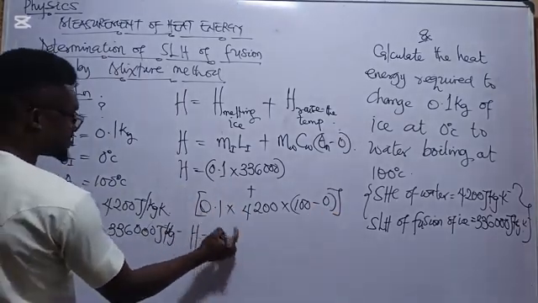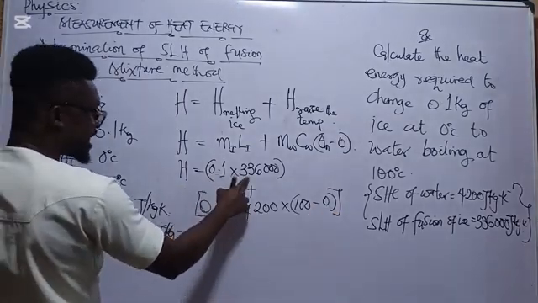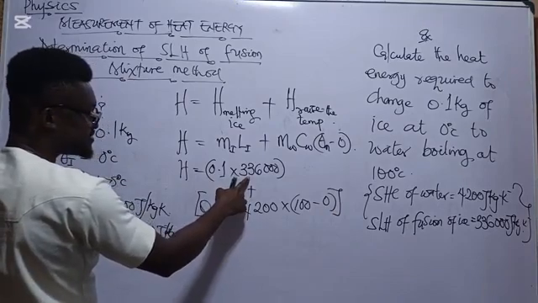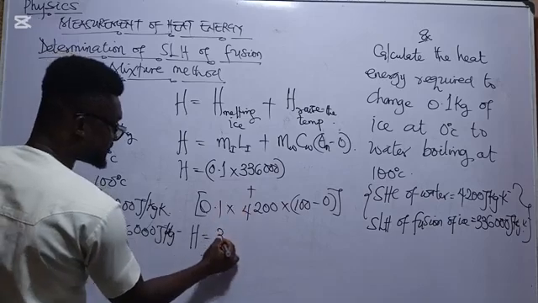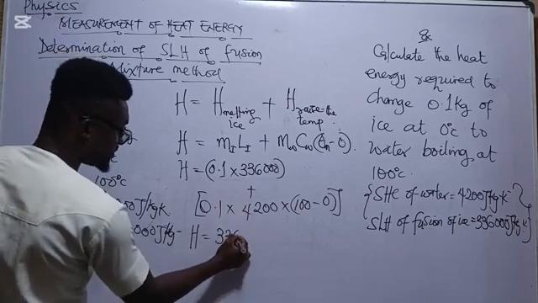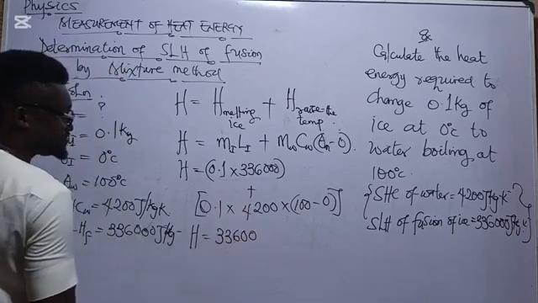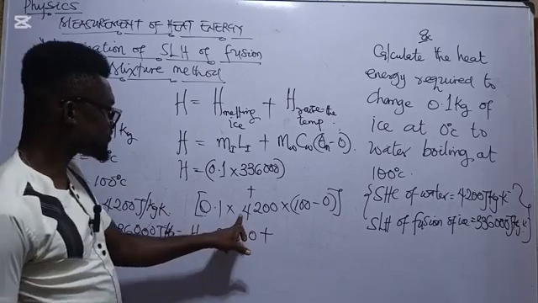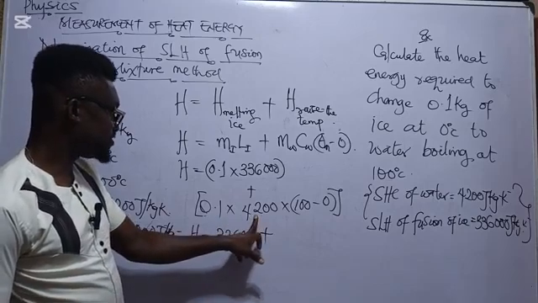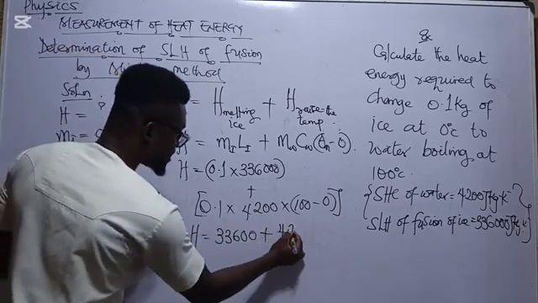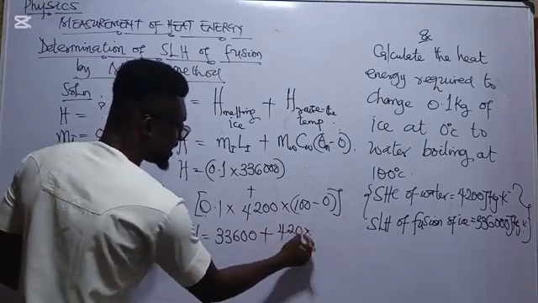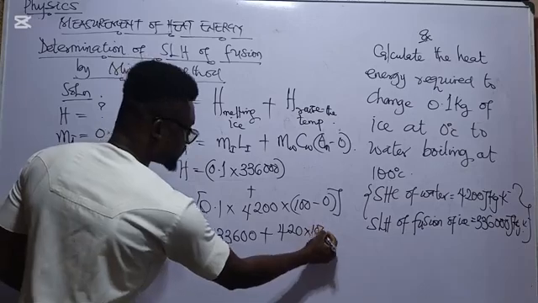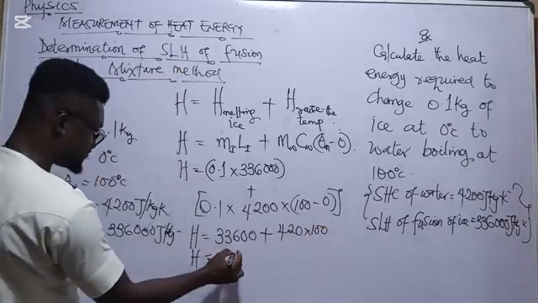Therefore, we have the heat as 0.1 times 336,000, which gives 33,600. Then plus we have 0.1 times 4,200 times the difference of 100.